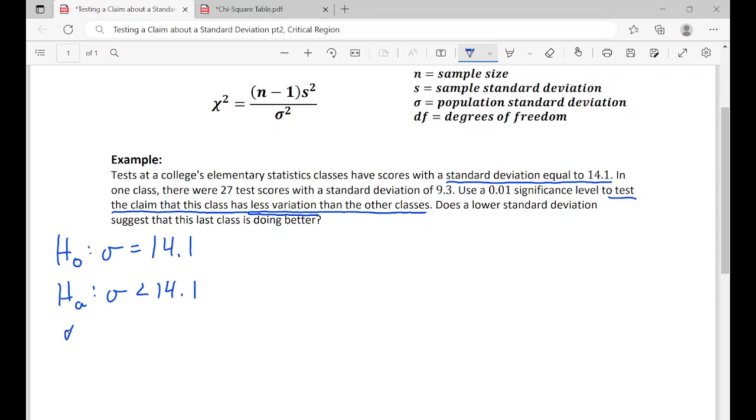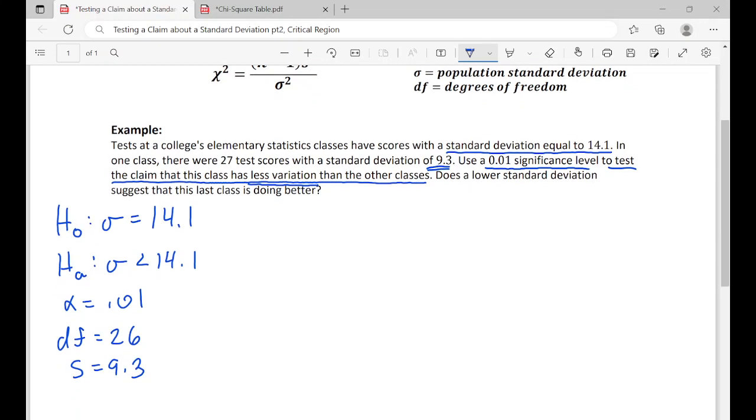We have an alpha value, a significance level of 0.01. We also know that our n value is 27, so that means our degrees of freedom is 26, and s equals 9.3.